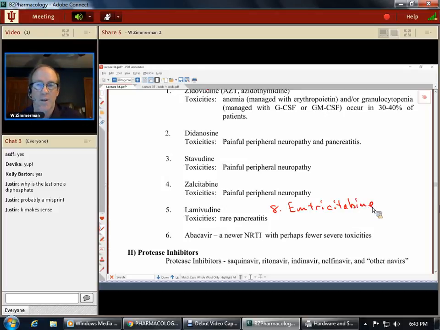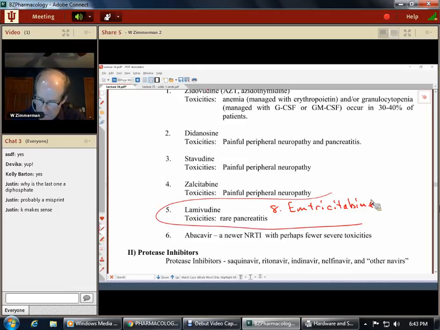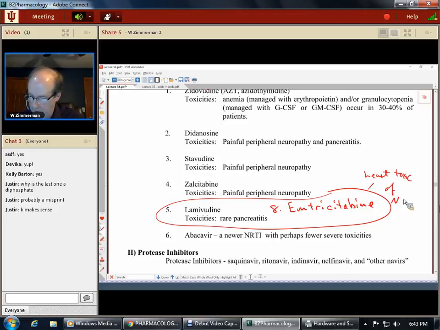The emtricitabine and the lamivudine, these are the least toxic. The nucleoside reverse transcriptase inhibitors.